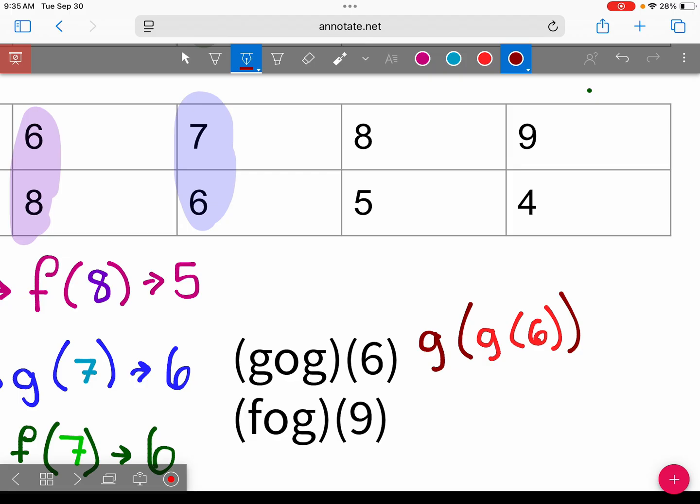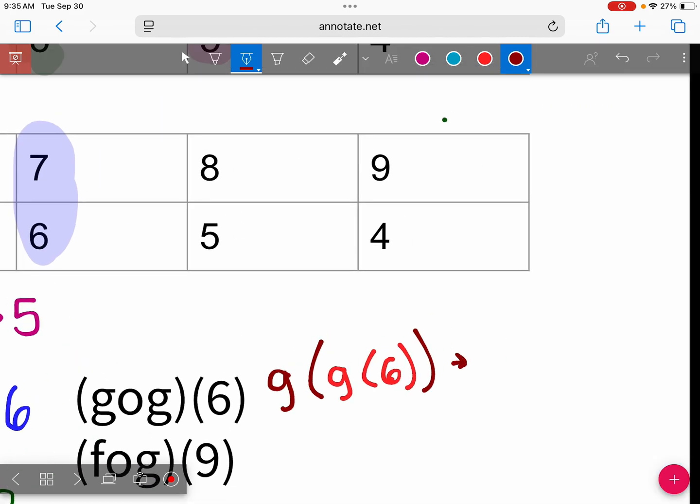So here we have g of 6. So we can nest them inside each other. We've seen our g of 6 before. G of 6 we know to be 8. When x is 6, g of x is 8. So g of 6 is 8. So what this is really telling us is to do g of 8.